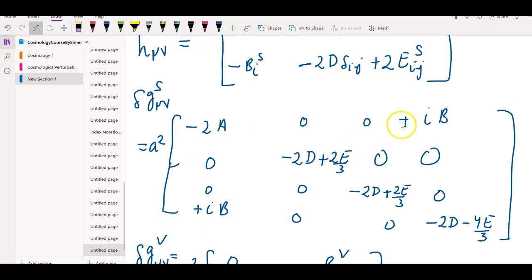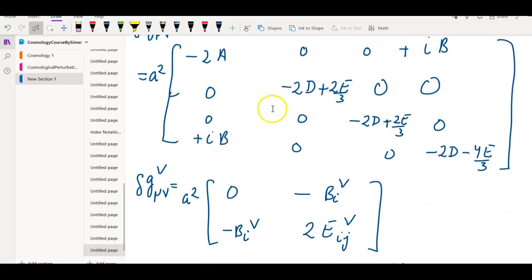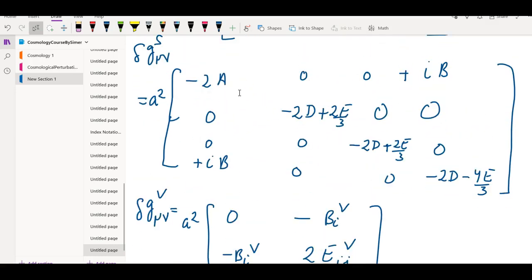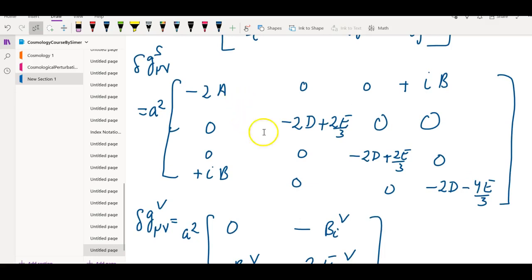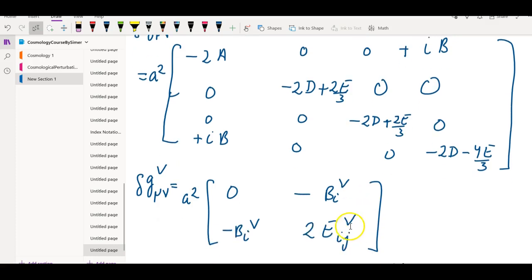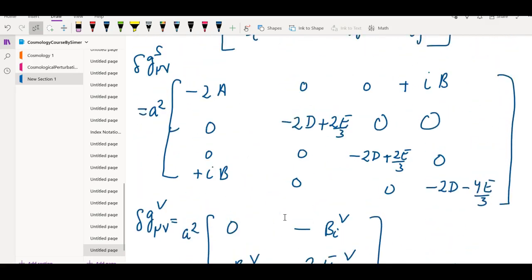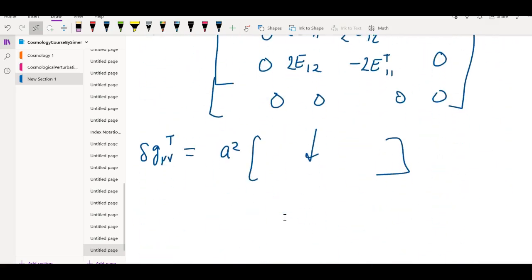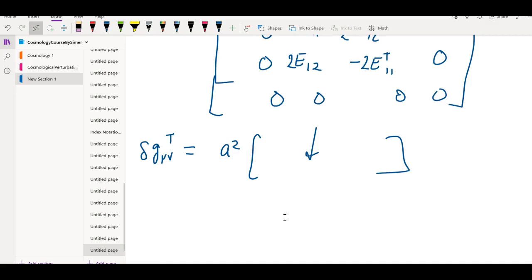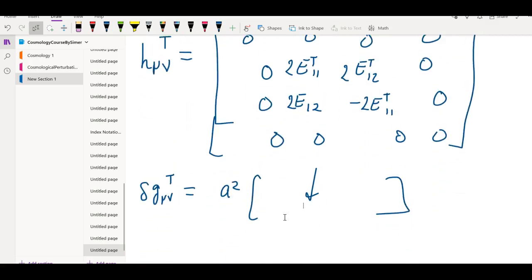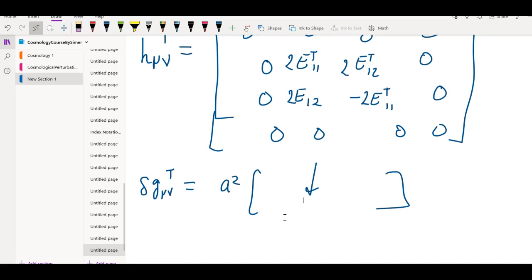Here in this delta G mu nu scalar matrix, you can see that there is no contribution coming from the vector part, and so scalar, vector and tensor modes are separated. And we will talk more about this separation when we look at Einstein equations.